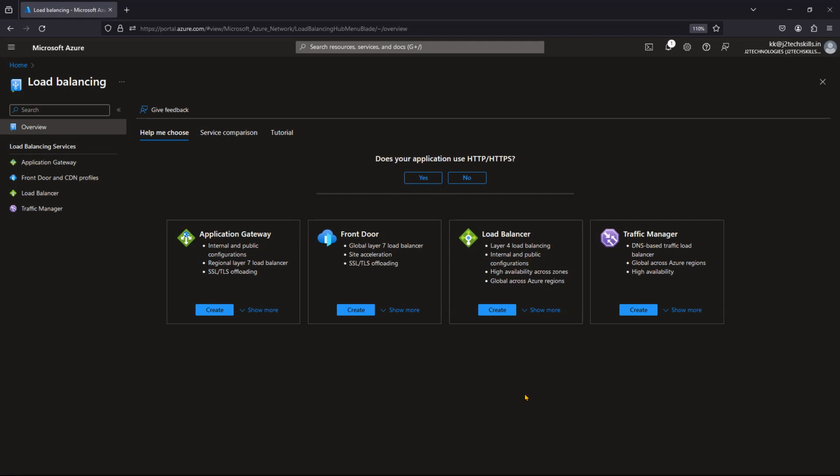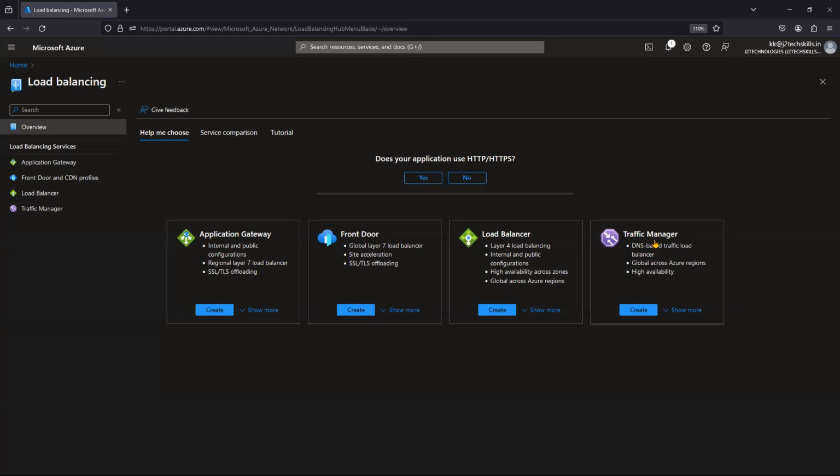It has supported global access across Azure regions for a very long time. But its backend doesn't support virtual machines directly; it only supports other load balancers, the regional load balancer as backend and the global Azure Load Balancer as frontend. That way it's supported.